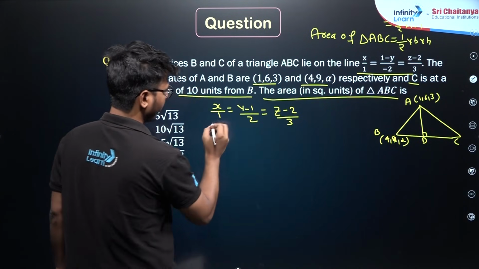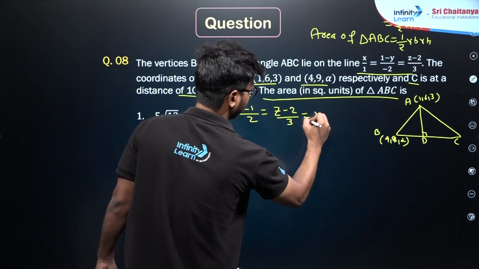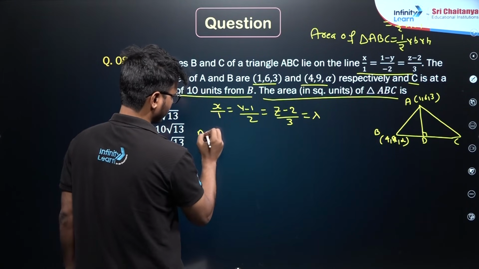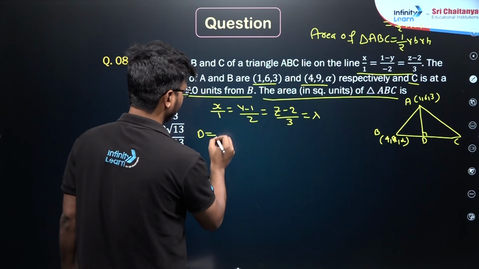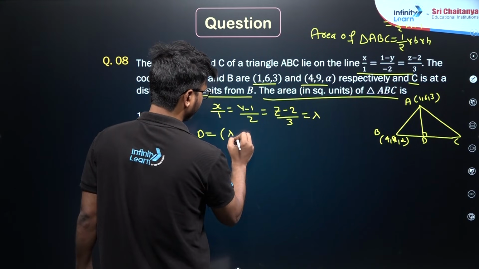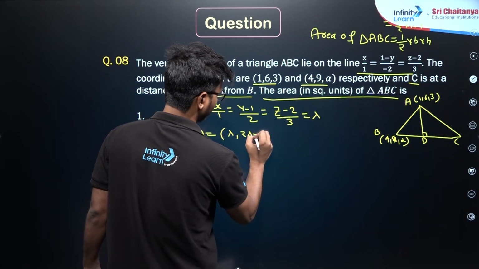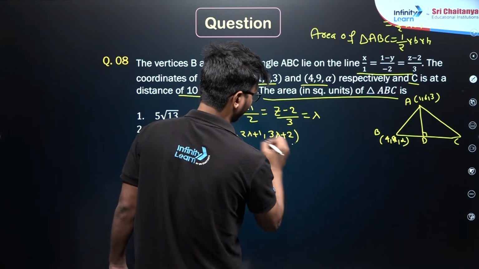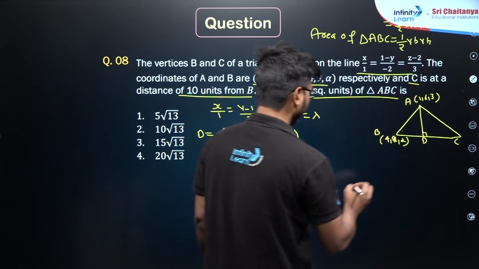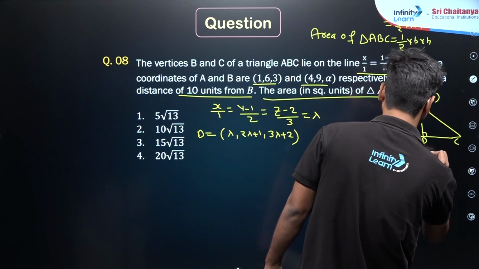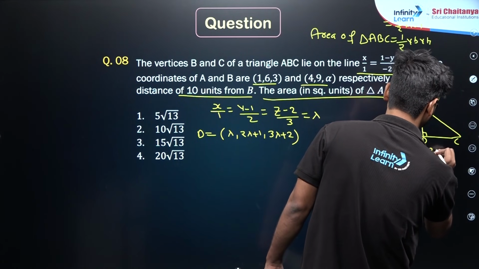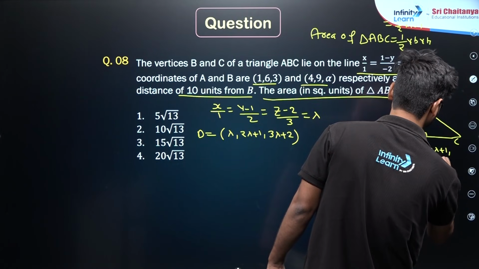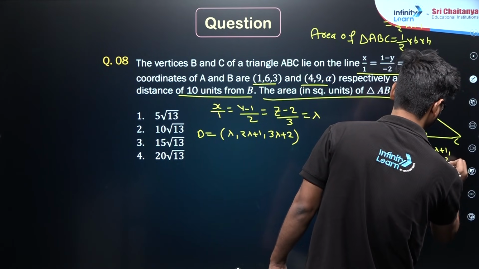So any general point on this line I can write as, let's take this point as D. So D I can write as lambda, 2 times lambda plus 1, 3 times lambda plus 2, correct? So I am writing the coordinates of D as lambda, 2 times lambda plus 1 and 3 times lambda plus 2.